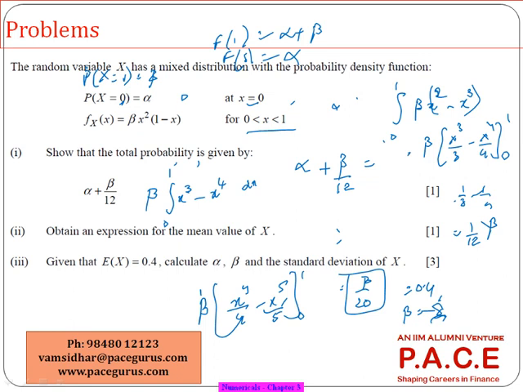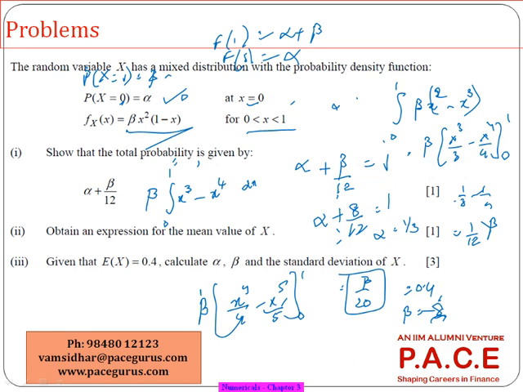Now you know alpha plus beta by 12 equal to 1. So all you can do is alpha plus 8 by 12 equal to 1. So alpha is coming out to 1 by 3. Alpha is 1 by 3. Which means the probability that x equal to 0 is 1 by 3. And the other part is 2 by 3.